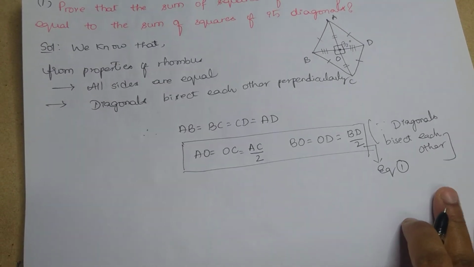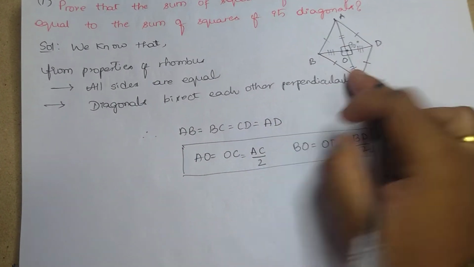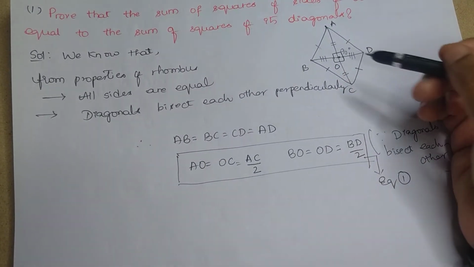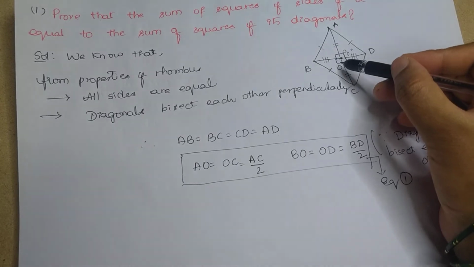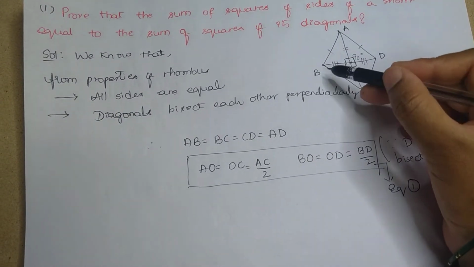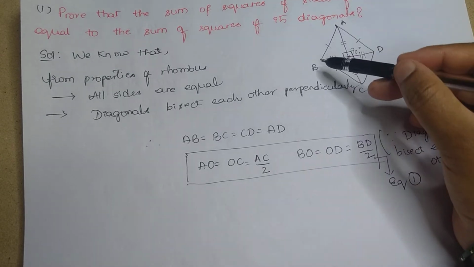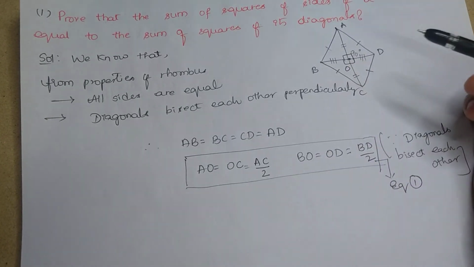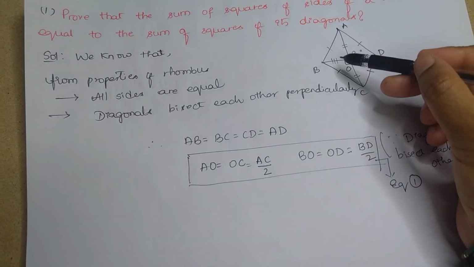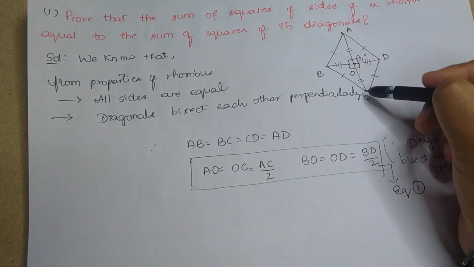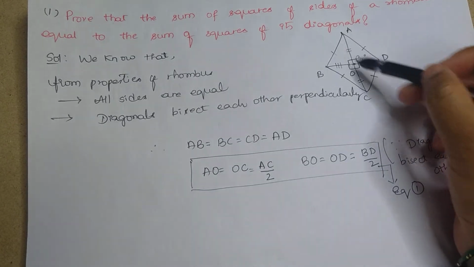And now, the diagonals bisect each other perpendicularly. It means that the angle formed at the point of intersection of the two diagonals will be 90 degrees. So in a rhombus, 4 right angle triangles are formed. One is triangle AOB, the other ones are triangle BOC, COD and AOD.